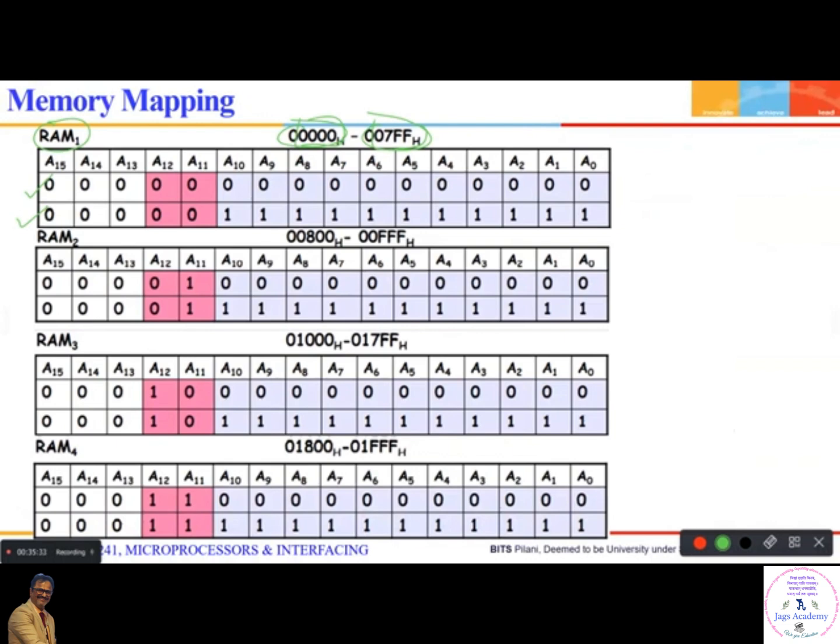Now, which lines will go directly to the memory? A0 to A10. See here, it is always 0, 0, 0 to 1, 1, 1.